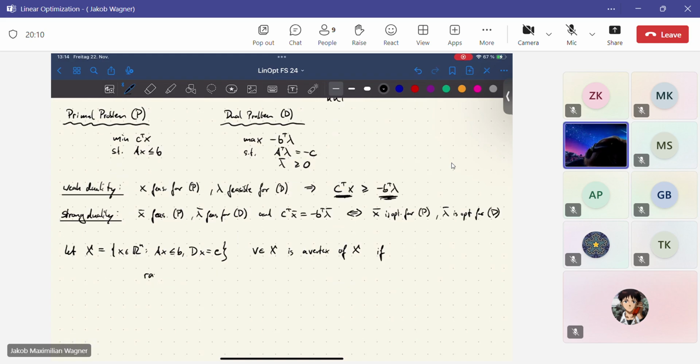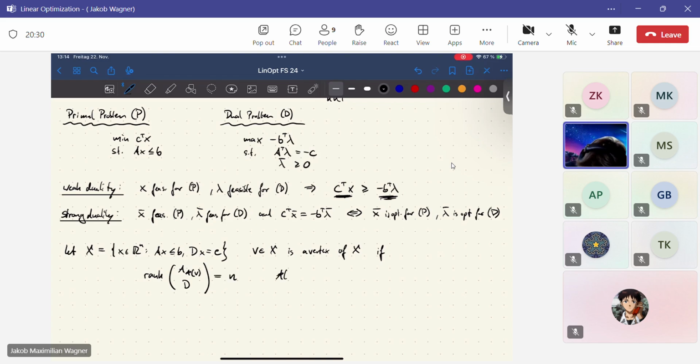So if the rank of the matrix A, where we just select the active indices, and the matrix D, which is always active because we have equality constraints, if the rank of this matrix is n, we call this point a vertex.